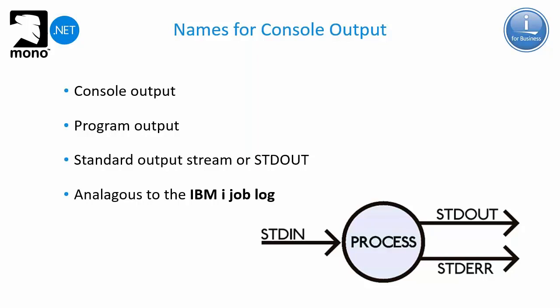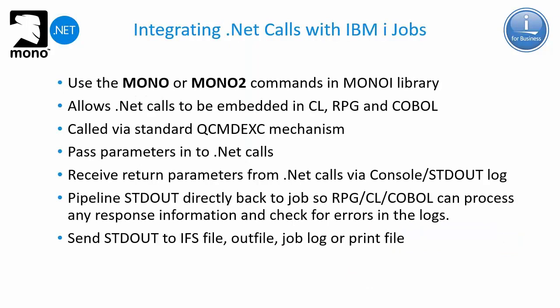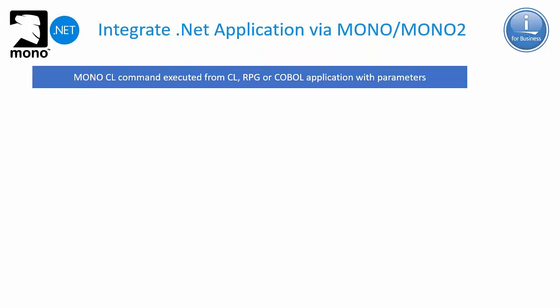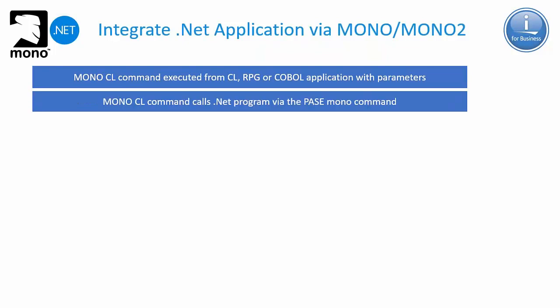That's cool. All right. So integrating, we talked about the mono commands, right? So it allows our .NET commands to be embedded, pass parameters, receive, return, pipeline, all that stuff we talked about, standard out. So I always like to do sort of a visual flow so people think of how this works. Typically, if you're going to call a .NET app, you're going to use the mono CL command or maybe a wrapper before that, which you'll see an example of.